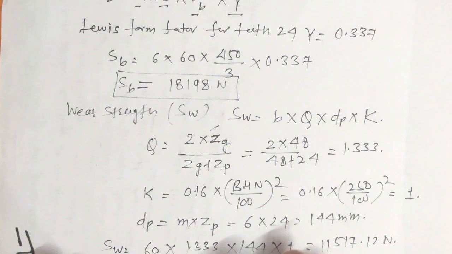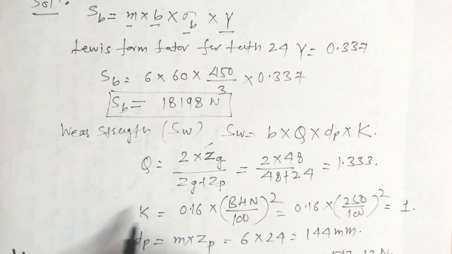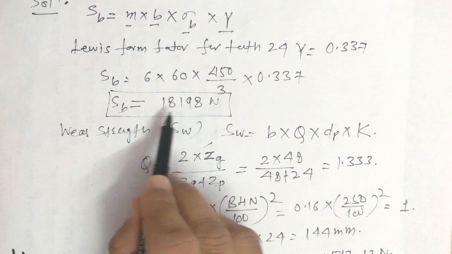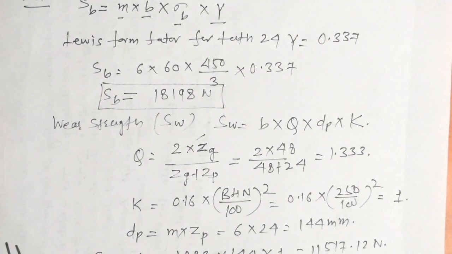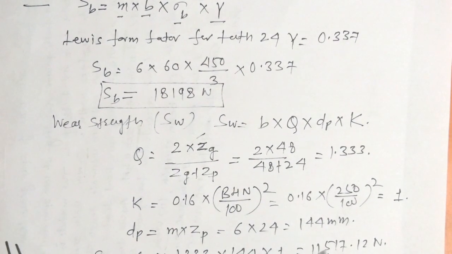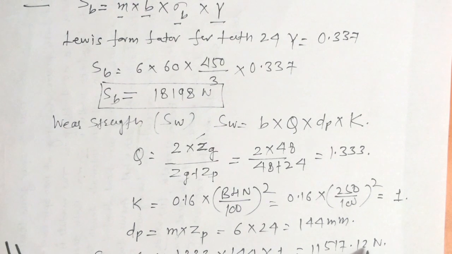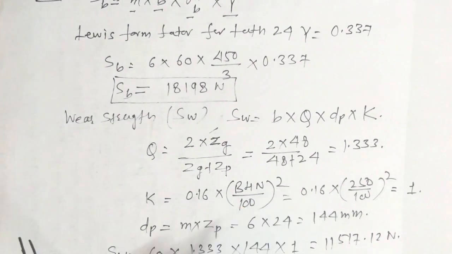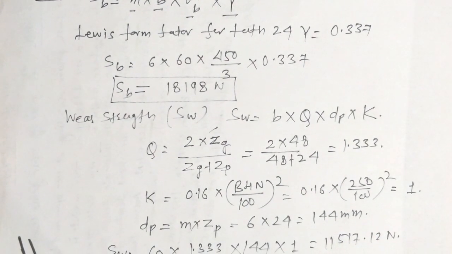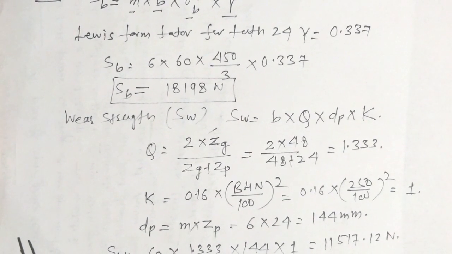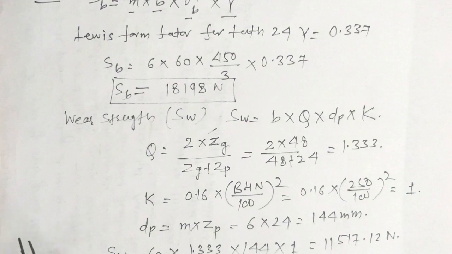Now from here we can see the SB is 18,198 Newton and SW is 11,517.12 Newton. So we can say SB is greater than SW. So we are going to use this concept now.